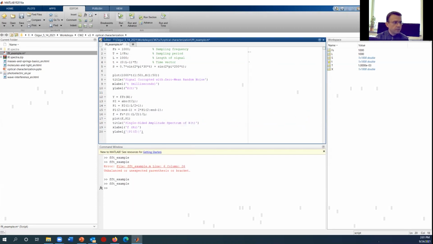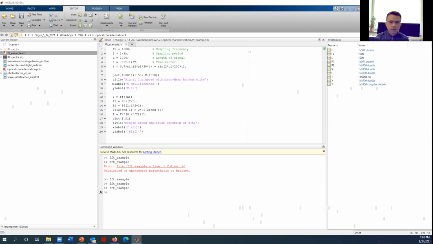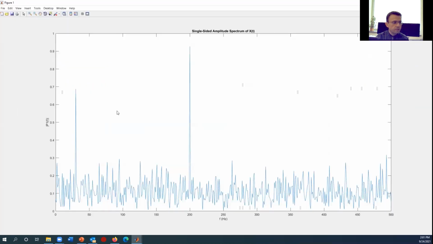When you do that, just to give you an idea, of course, a lot of us are familiar, you can fingerprint that not in the time domain, but now carried to the frequency domain, and you can say, oh, that's my 30 hertz. Oh, that is my 200 hertz.